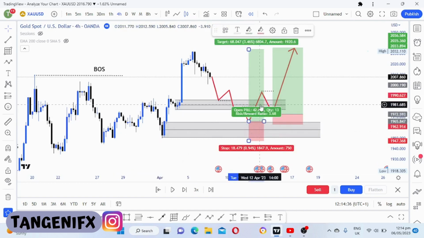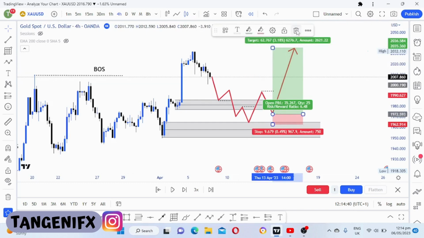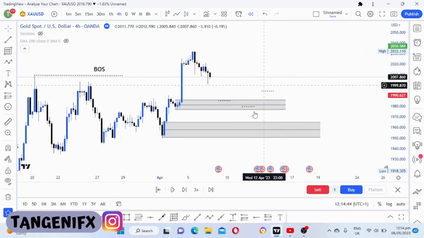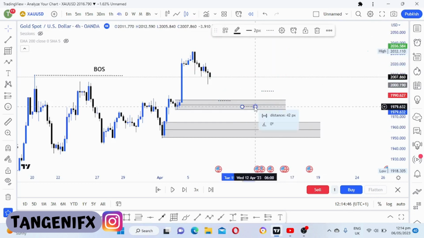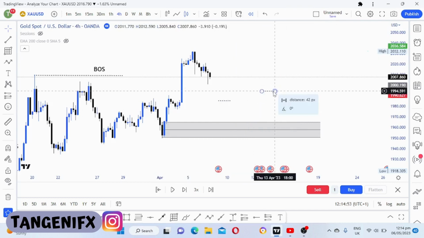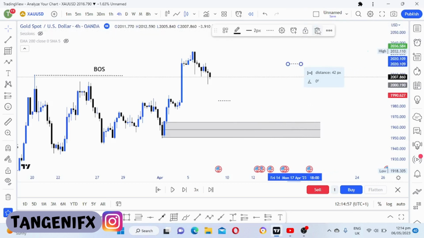See the difference. So now let's go to the real price, to the charts now, because we were just looking in theory.